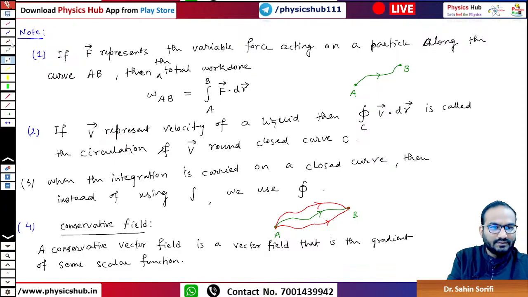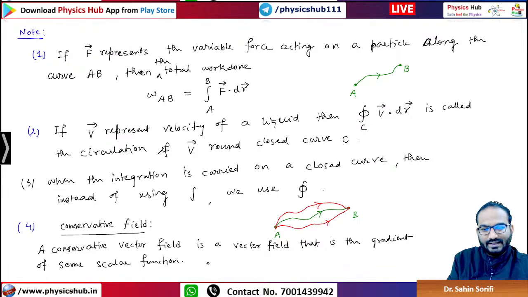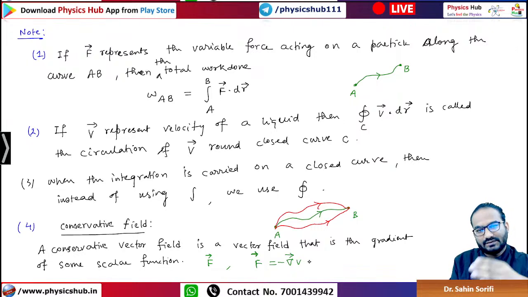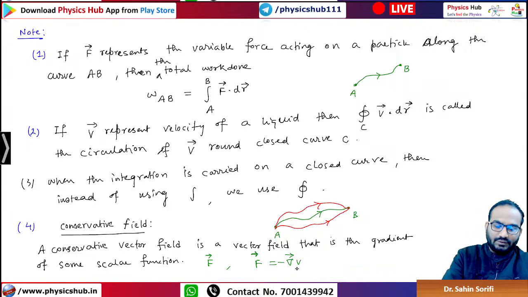So the well-known example: if F is the conservative vector field, we know that it can be expressed as the gradient of some scalar function. Okay. So we give a minus sign, but that is case dependent. In general, if you are writing in general, then the vector is equal to the gradient of some scalar function. Okay, I hope this is done.